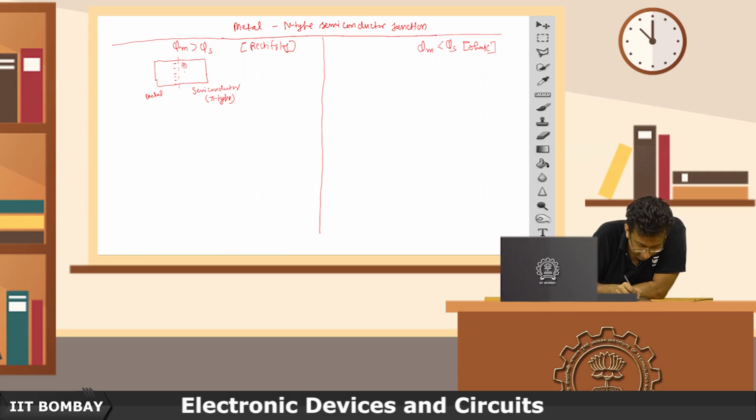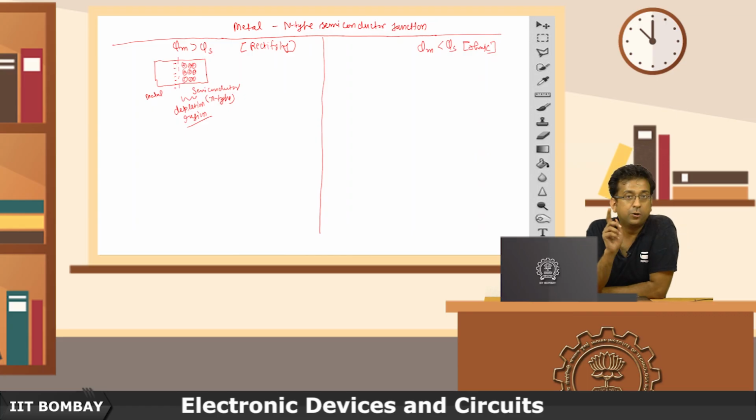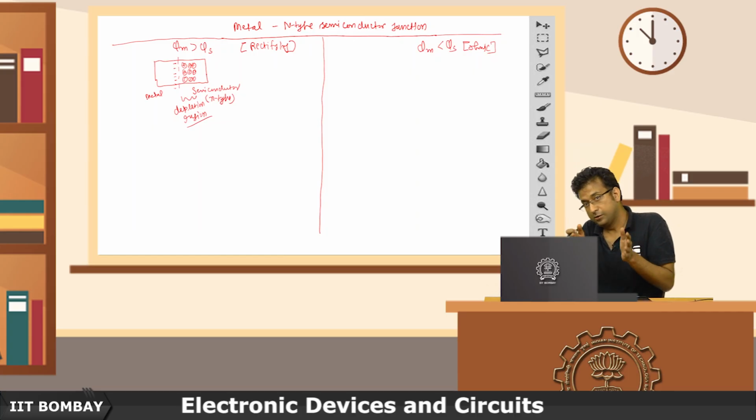So there will be an accumulation of positive charge here, something like that. So this is a depletion region. I hope you understand why the negative charge is only at the surface of the metal. There is no depletion region inside the metal. So it's different from a PN junction diode case where the depletion region is on both sides.